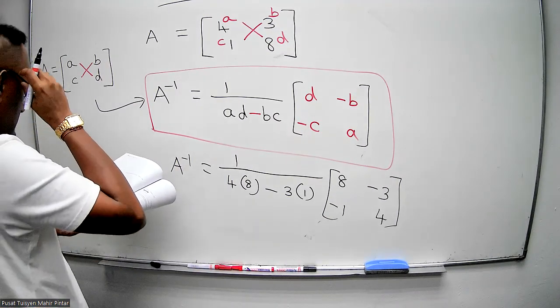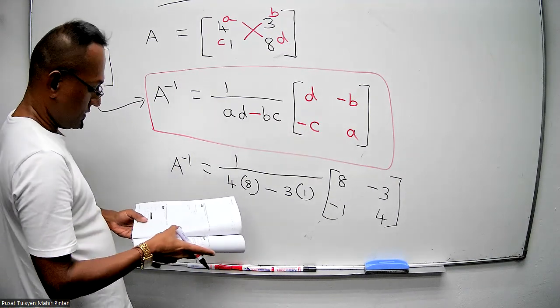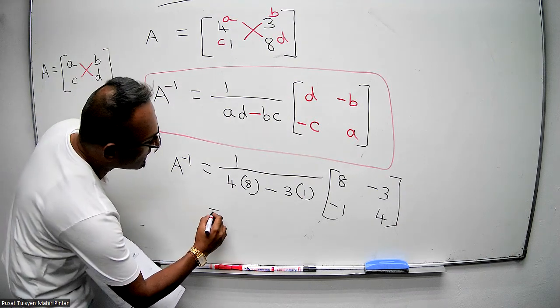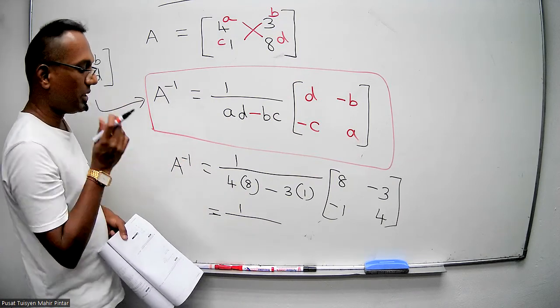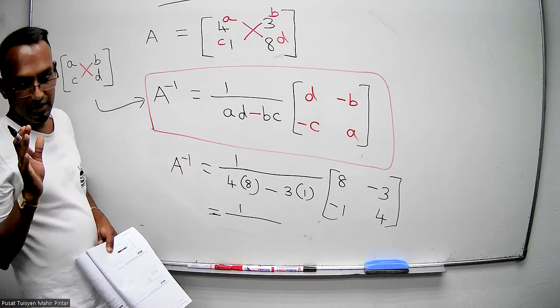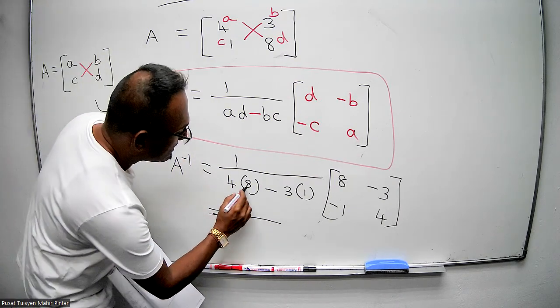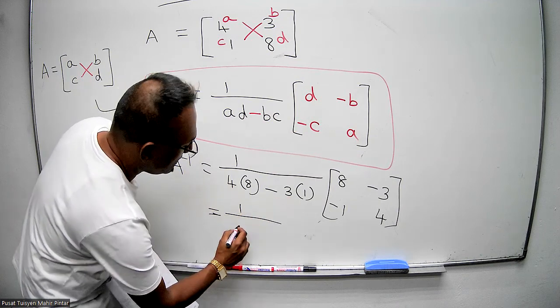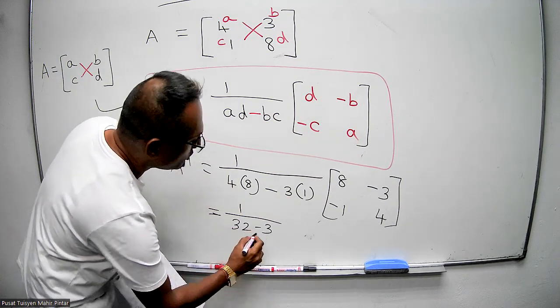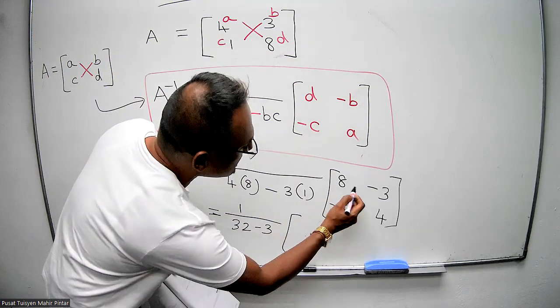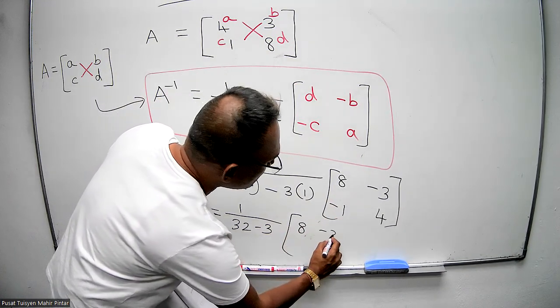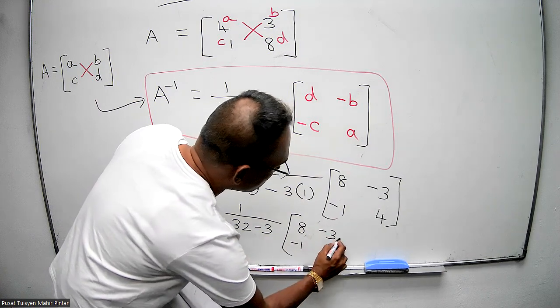Let's simplify this further. 1 over 8 times 4, how much? 32, right? 32 minus 3 times 1 is 3. So 32 minus 3, and just copy down this matrix as it is: 8, -3, -1 and 4.